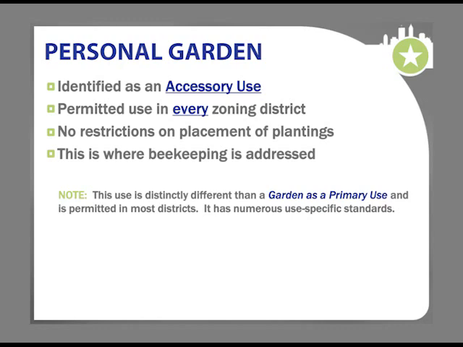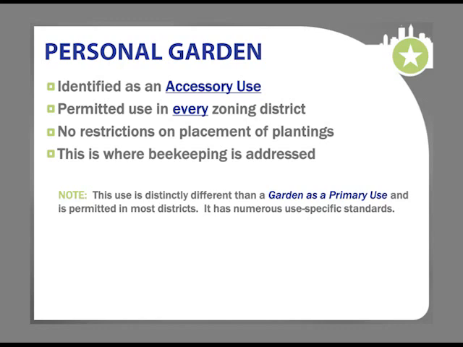Now, when talking about a personal garden in conjunction with a single-family unit or double, this personal garden is distinctly different than a primary use that we call garden. That's where an entire lot is converted into a garden. This is different.